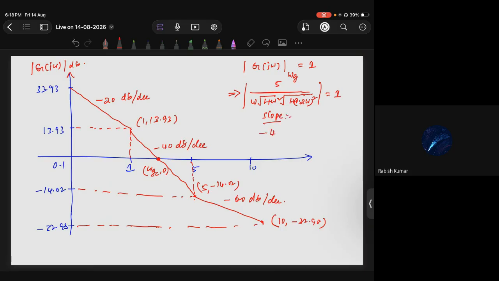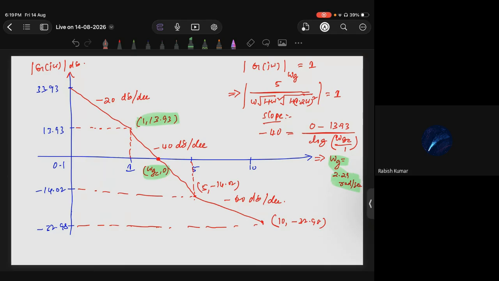Minus 40 equals the slope between these 2 points: 0 minus 13.93 divided by log omega GC divided by 1. If you do these calculations, you will get omega GC as 2.29 radian per second. This is the value where your magnitude becomes 0.